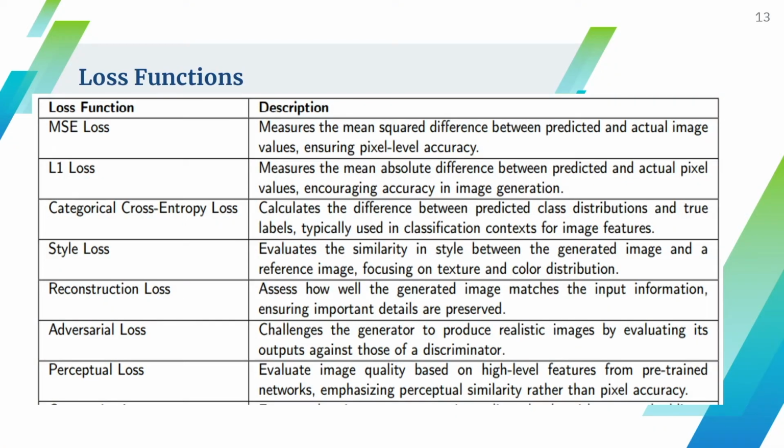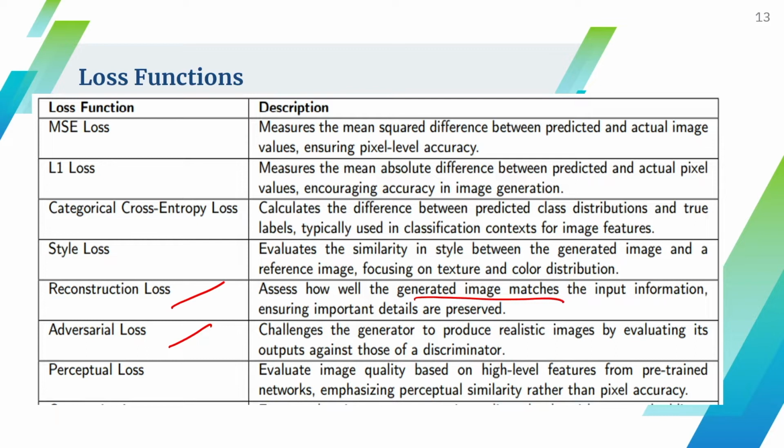So, we know that MSE stands for the mean square error methodology, and when you consider the reconstruction loss function and the adversarial loss function, they assess how well the generated image matches the input information. Apart from image classification or object detection methodologies, there is text to image generation, where whenever some piece of text is given, the system itself generates an image for you.